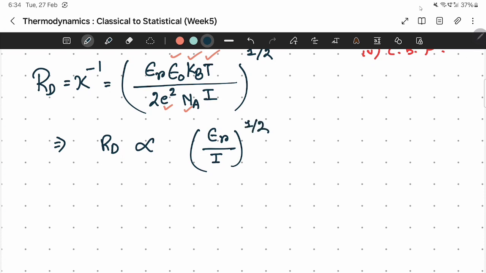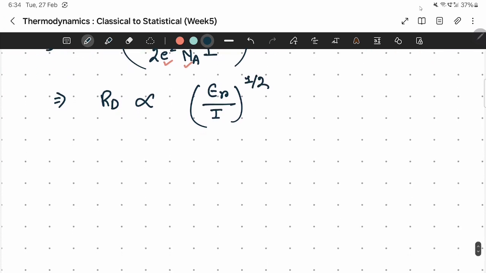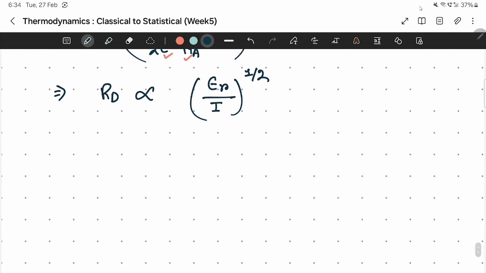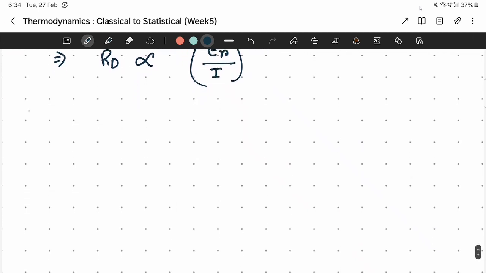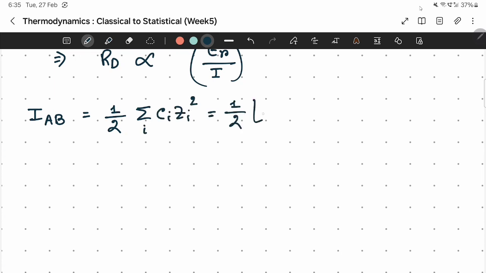So you can write RD or kappa inverse is proportional to epsilon r by I to the power half. Now we have to find out I1 and I2, IAB and IA2B. So IAB is half the sum over ci zi square. Let me give you specific: it is half of cA+ zA+ square plus cB- zB- square.